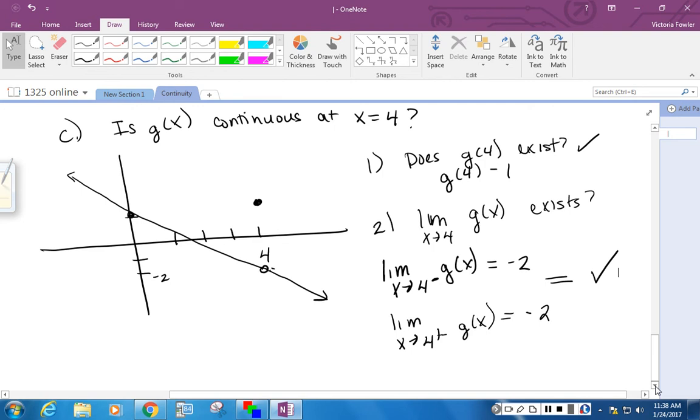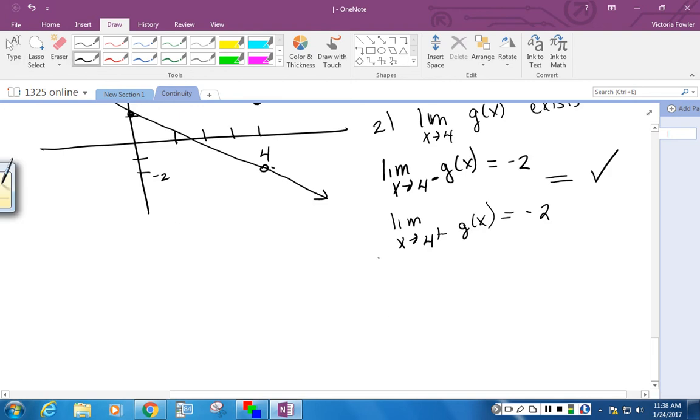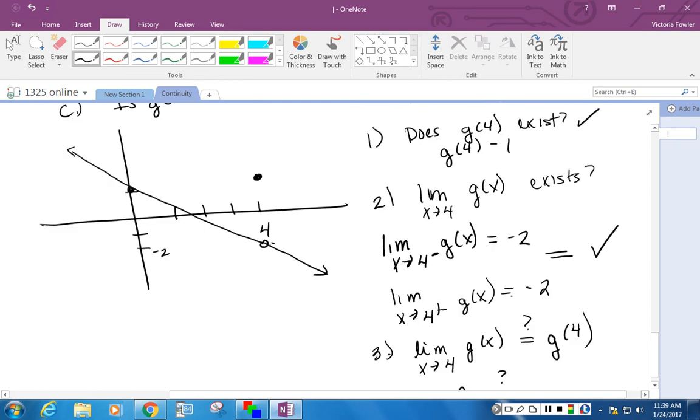The third condition that I have to check is whether the limit as x approaches this c value, which is 4, of our function, equals g of 4. Well, the limit as x approaches 4, we just found to be -2. We proved that that limit exists and it's equal to -2. Now, what was the value of g of 4?